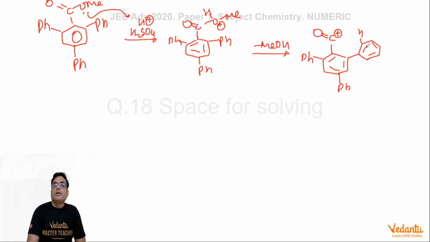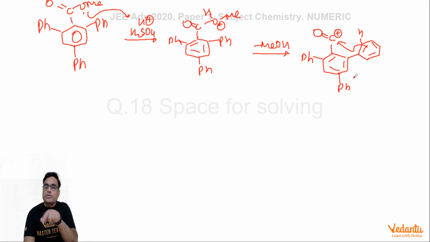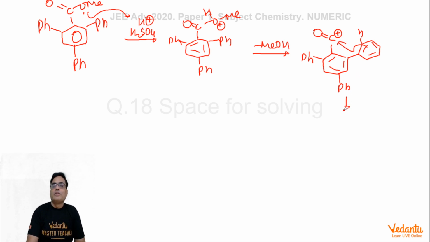We say that the electrophile attacks, but by the curly arrow we actually show the movement of electrons. So see, now this C double bond O has already attacked the phenyl ring at the adjacent position, and you are getting this kind of substance, right?